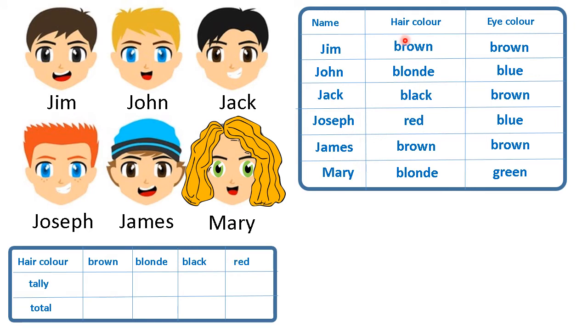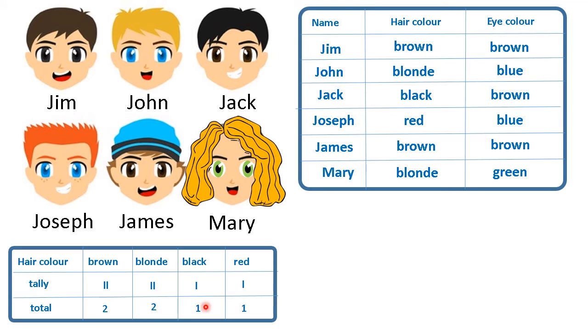We need to tally. Brown hair, we have Jim and James, which means 2. Blonde hair, John and Mary. Black hair, Jack. Red hair, Joseph. Totals are 2 brown, 2 blonde, 1 black, 1 red.